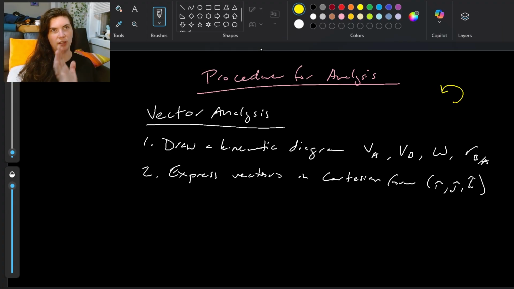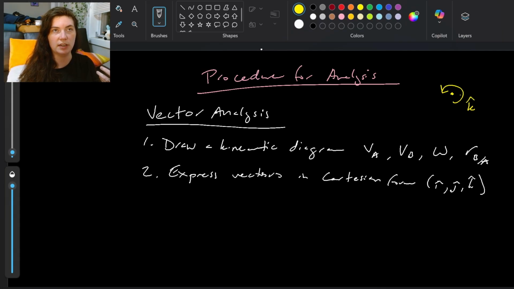For example, when I curl my hand in the counterclockwise direction, my thumb points out of the page. It points directly at me, and this is the positive z direction. Coming out of the page is the positive z direction, and going into the page is your negative z direction, since your xy is the screen. So out of the page would be a positive k hat direction.